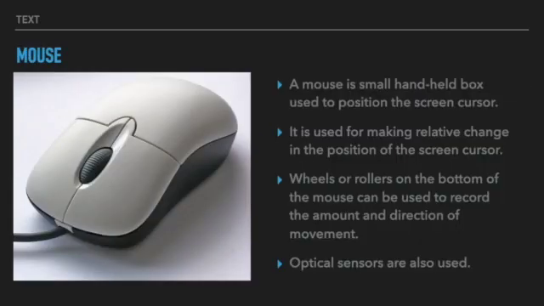Then mouse. Everybody knows it's a small handheld box used to position the screen cursor. Here we have an image of a mouse. It is used for making relative changes in position of the screen cursor. There are wheels or rollers on the bottom of the mouse that can be used to record the amount and direction of movement.